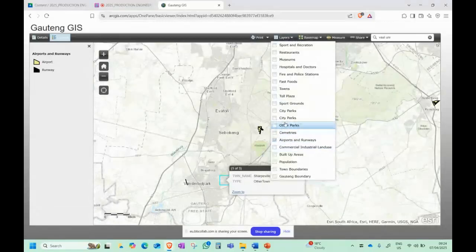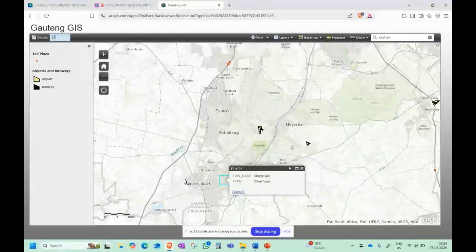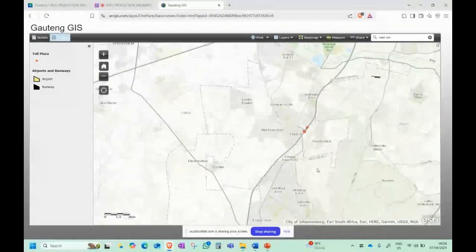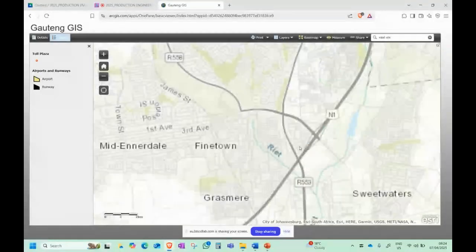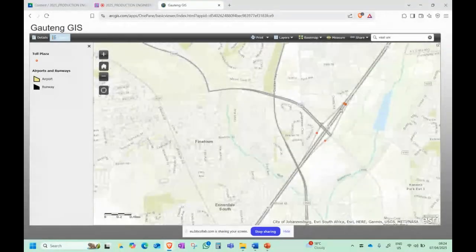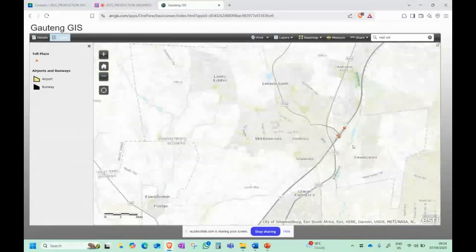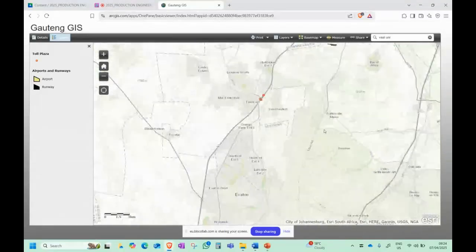And if you wanted to see what is a toll plaza, I believe your toll gates, this is one here. Your toll gate there on the N1.